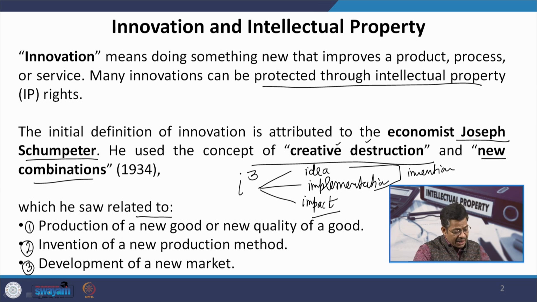So, I can say this is a new market, that market of startups. And innovation in the field of digital technologies, in the field of internet, in the field of mobile, all these things are penetrating into this market of startups. So, you can think of many such examples of how innovations are creating new markets.